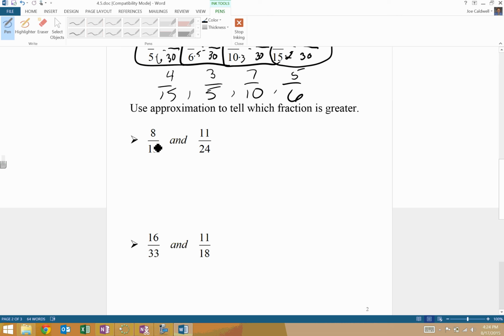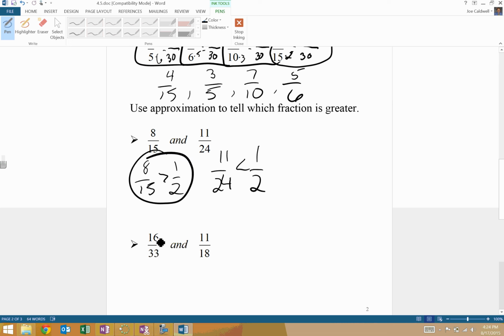It's actually a little bit bigger than 1/2, because it's over halfway to 15. What about here? 11/24. 11 is not halfway. It's actually less than 1/2. So since this is a little bit more than 1/2 and this is a little bit less than 1/2, this is obviously the bigger fraction.